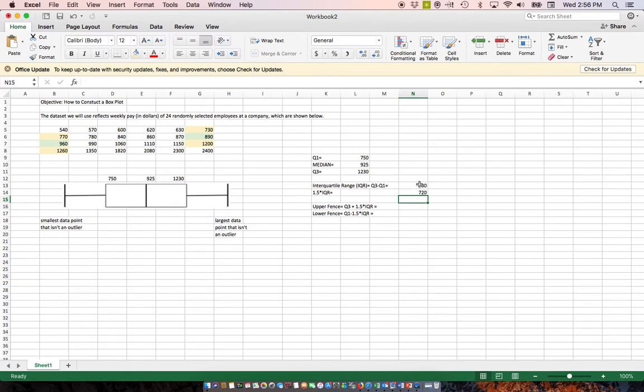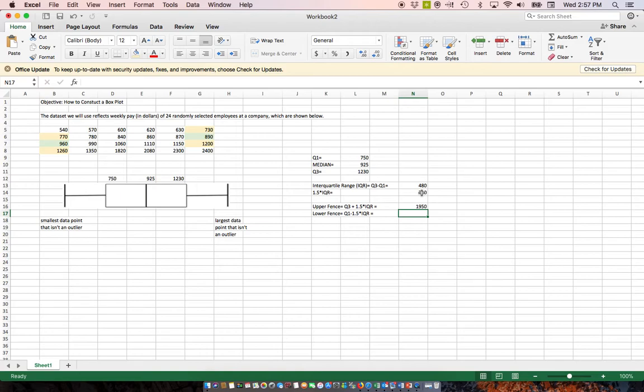Now, next step, we need to calculate the upper and lower fence. The equation to calculate the upper fence is the quartile 3 value plus this 1.5 times IQR. So let's just calculate that. Here's quartile 3 plus this 1.5 times IQR, 720.